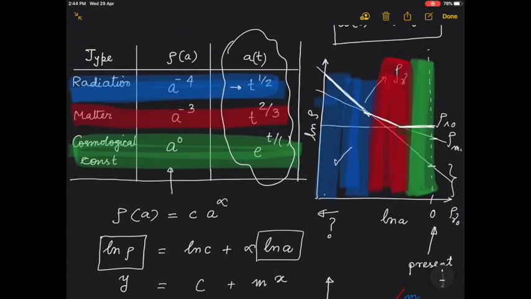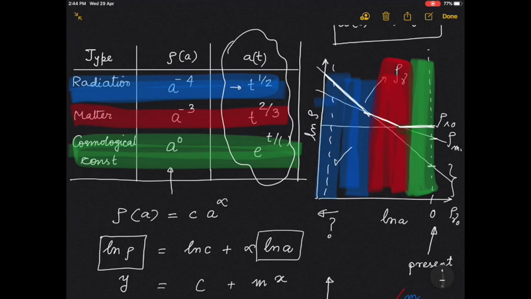So let us ask that question. We see that near t equals 0, which is this regime, the density becomes very large. This is a log scale, right? So the density becomes very, very large. It becomes larger as a to the minus 4.